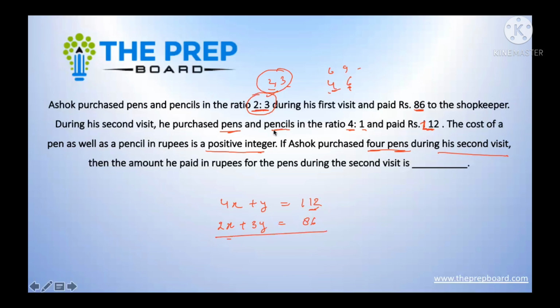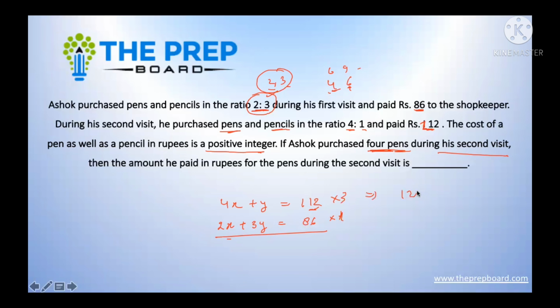Now this was the important question, or the point of confusion here. If you are clear with this, it's a simple linear equation which everyone knows how to solve. We need to find the price of a pen, which is X. So multiply this equation by 3, this by 1.